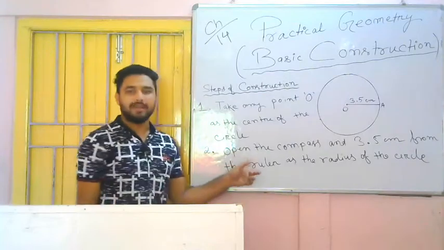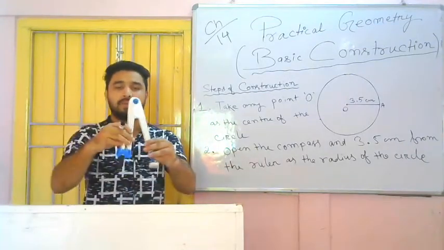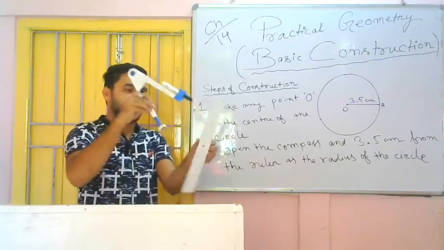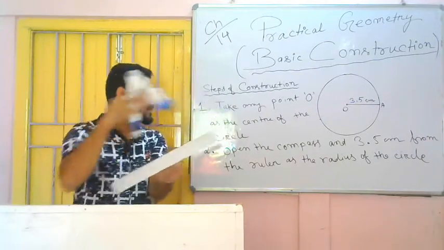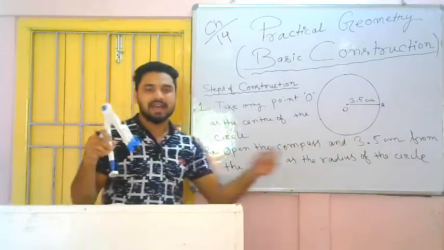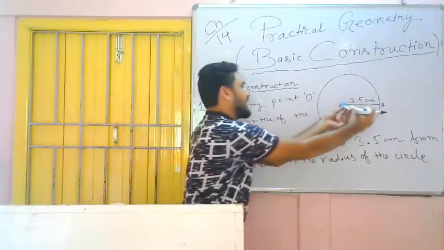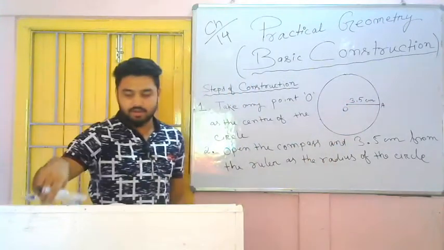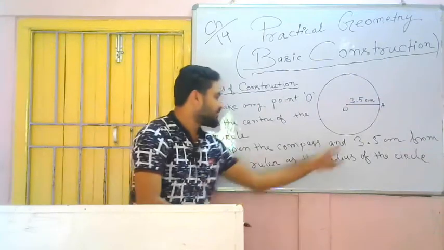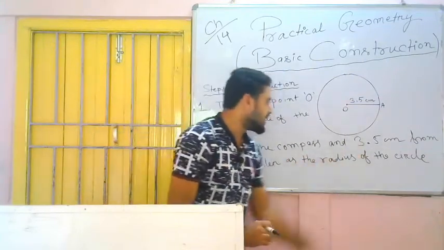Open the compass and take 3.5 centimeter from the ruler, as I have shown already earlier, like this. So you have taken this as the radius of the circle.